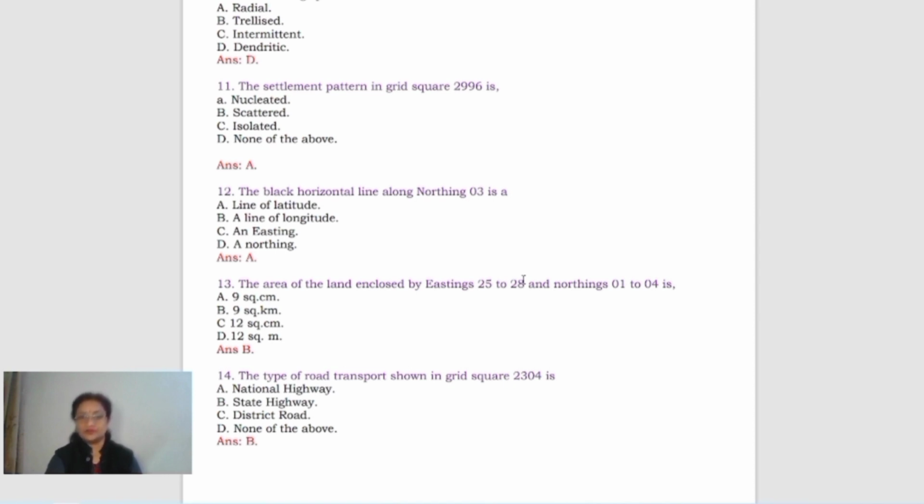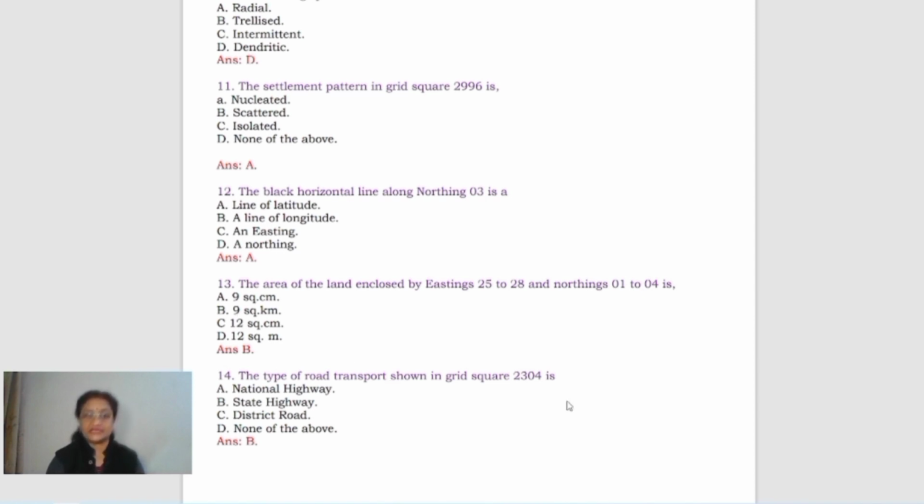This is actually 3 into 3, right? On the easting side you will find 3 blocks being covered and on the other side also 3 blocks. So in total how many grid squares are coming under this? 9. One grid square has an area of 1 square kilometer, so 9 grid squares will have an area of 9 square kilometers. So B is the correct option for this.